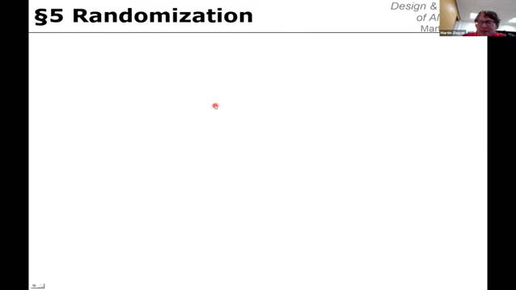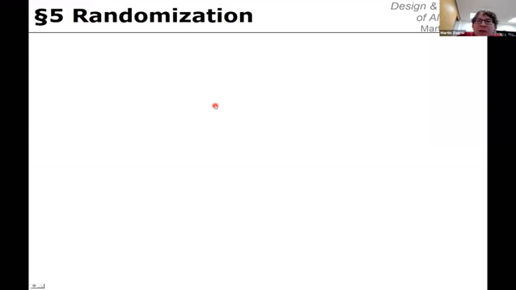So we are here to start a new chapter in our course, Design and Analysis of Algorithms, a chapter on randomization. And randomization means a new way of analyzing algorithms, namely randomized algorithms.